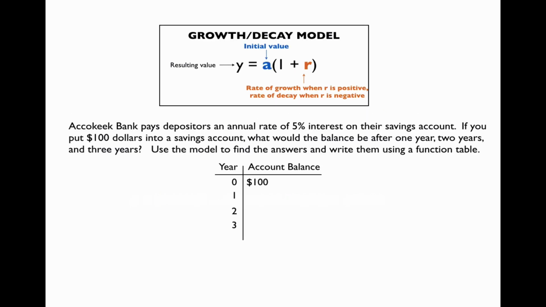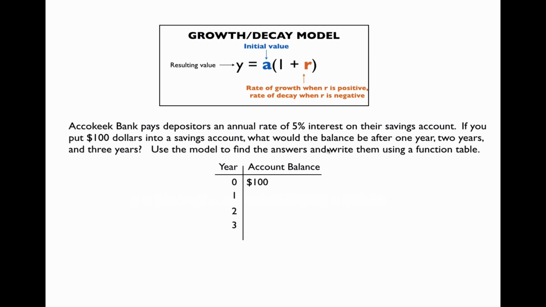Now, let's try to apply this to a situation that requires repeated multiplication. So we've got Akakik Bank, and it pays its depositors an annual rate of 5% interest on their savings account. If you put $100 into a savings account, what would the balance be after 1 year, 2 years, and 3 years?